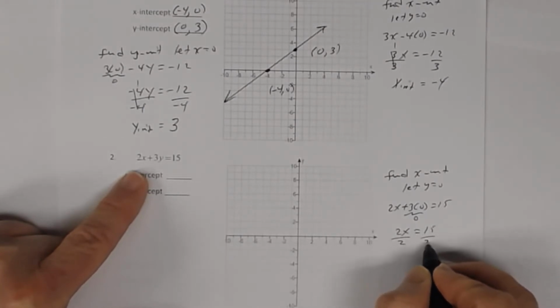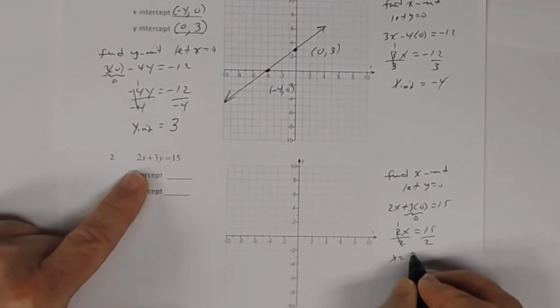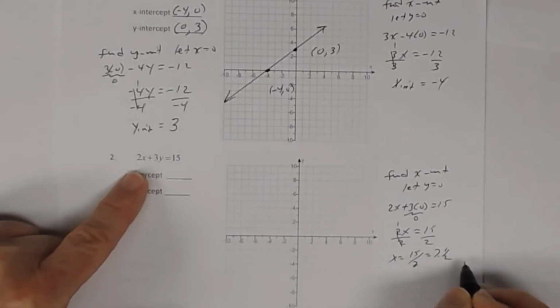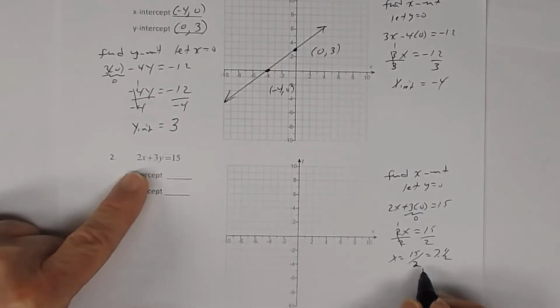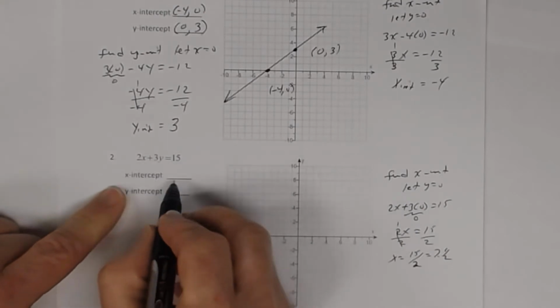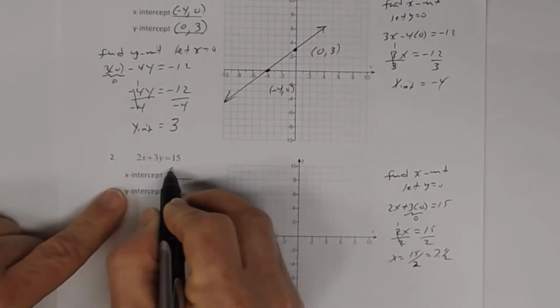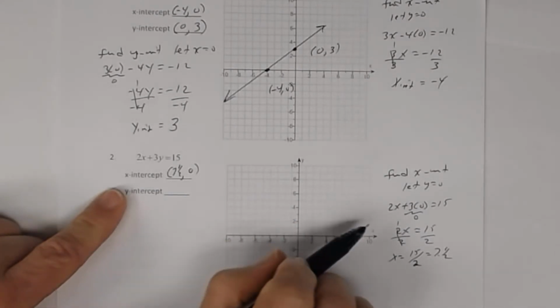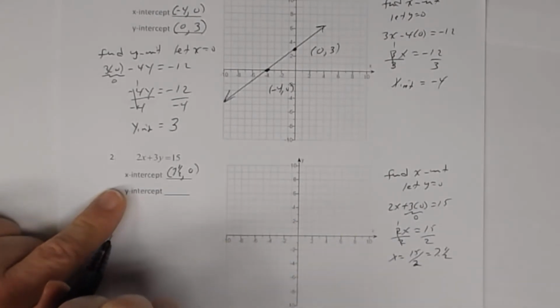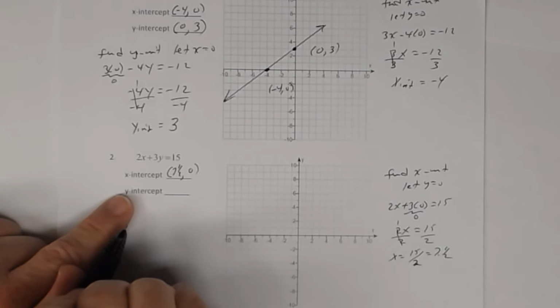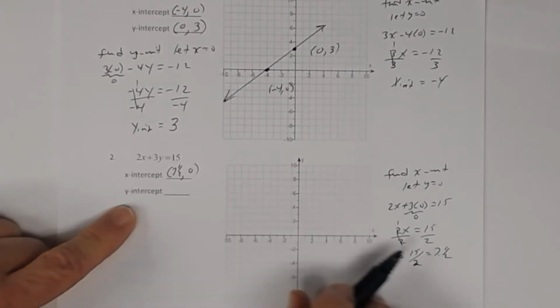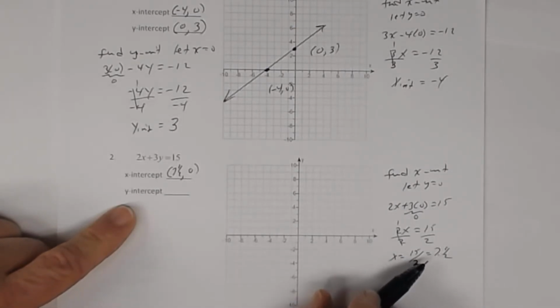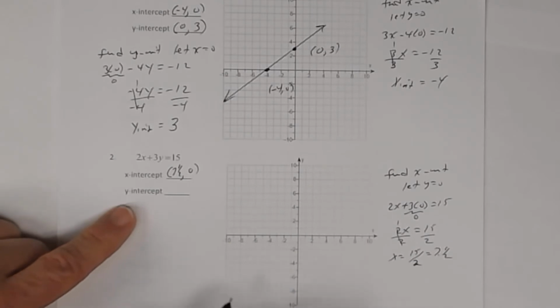Divide both sides by 2, and I get x equals 15 halves, which is 7 and 1 half, or 7.5. As an ordered pair, we say (7 1/2, 0), or you could say 15 halves, or 7.5 since it terminates. If it were 7 1/3, you wouldn't write it as a decimal because 1/3 does not terminate.